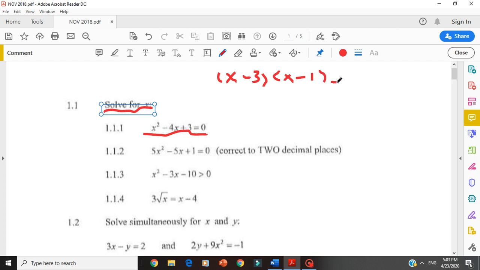It's a fairly simple problem, and you're going to equate both factors to 0, and you'll see that we get x equals positive 3 or x equals positive 1.